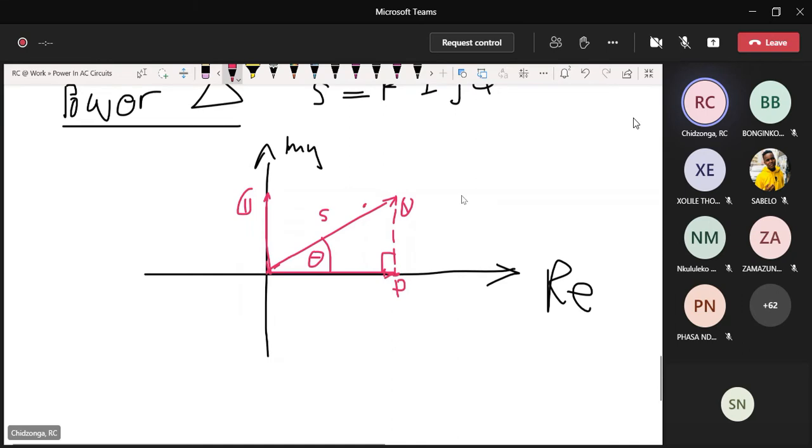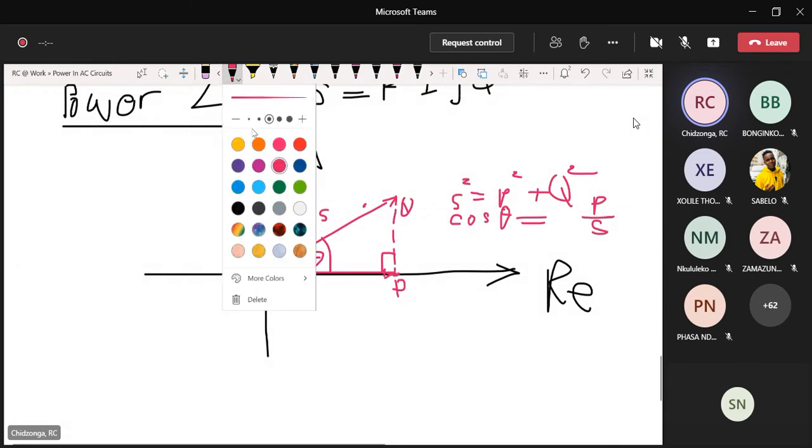So we know that by Pythagoras, magnitude-wise, S squared is P squared plus Q squared. And then we can also write cos theta. You remember we said this is the power factor, is equal to, from trigonometry, this distance divided by S. So it's P over S, right? That is your power factor.